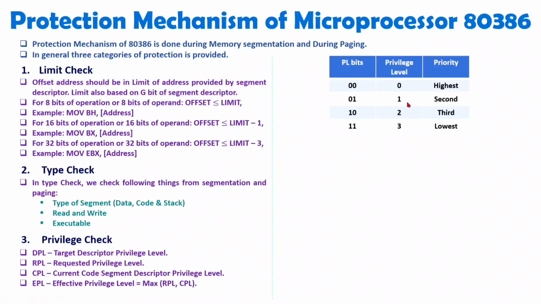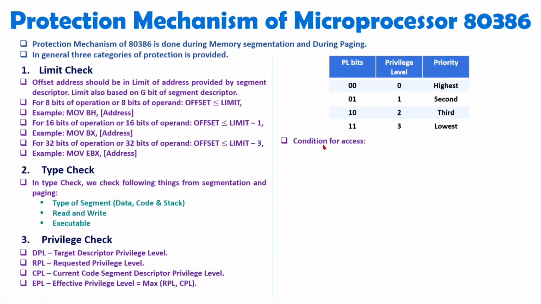For example, if user is defining privilege level as per PL bits equal to 0, 1, it means it is having privilege level 1. But if current code segment is having privilege level 1, 1 meaning 3, then maximum of these two will get considered, meaning effective privilege level will be 3, that will be the lowest priority privilege level, right? So that is how effective privilege level is getting considered. And my dear students, access will be granted based on comparison of effective privilege level and target descriptor privilege level.